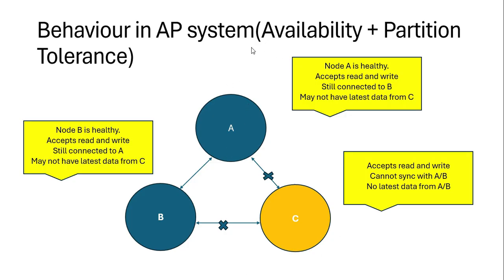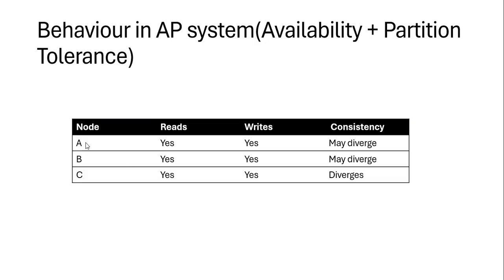All of them are available. That's what we mean by availability. But since one of them is out of sync, this system can have stale information. As I mentioned, since all of them are accepting reads and writes, the consistency may diverge. The information in A and B can be stale because C has gotten out of sync.